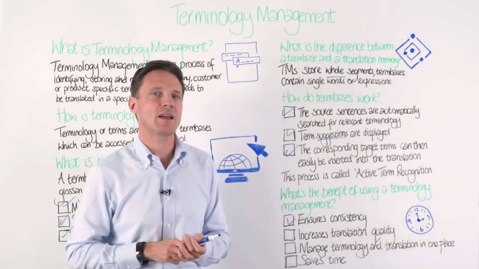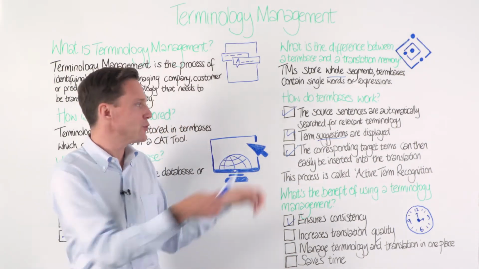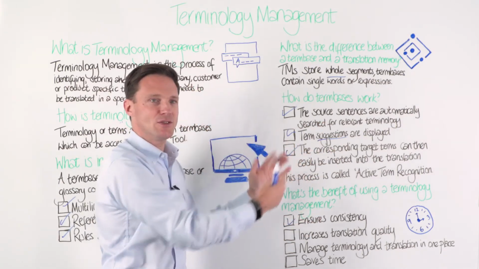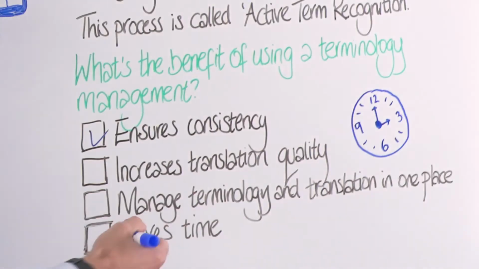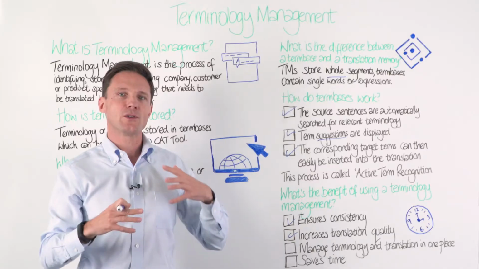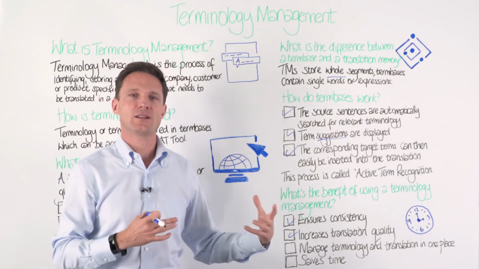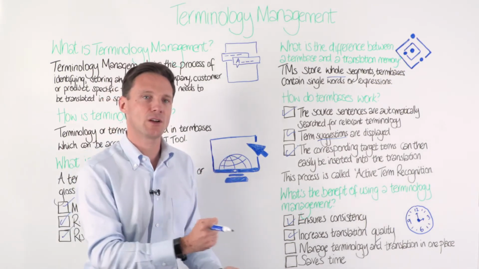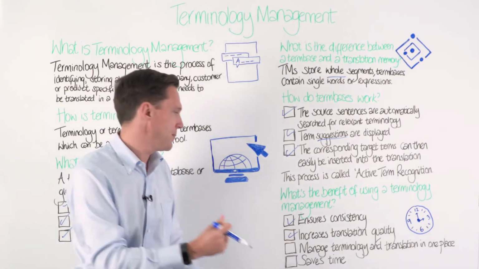It's one of those things that can go wrong really easily. So if you store it and you use it and it gets suggested to you, it can really help with consistency and in general with translation quality, because whoever is then reviewing that translation will see that you have stuck to the same terminology that they were happy with.